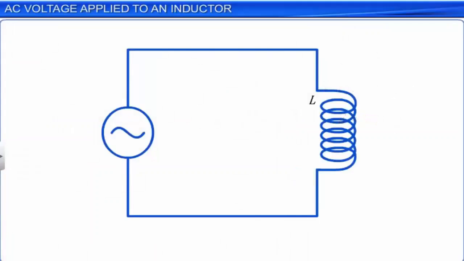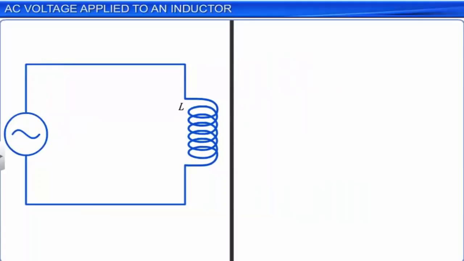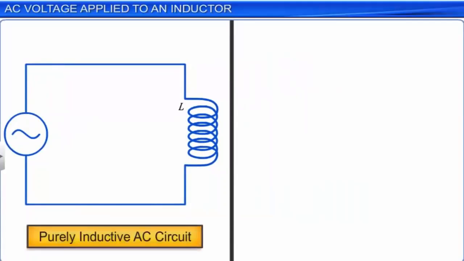Now, we shall see how an inductor behaves when an AC voltage is applied across it. Let's assume that the inductor coil has negligible or zero resistance. This assumption is mainly so that we can observe how an inductor ideally behaves. Now, assuming the circuit to be purely inductive, we shall make use of Kirchhoff's loop rule.